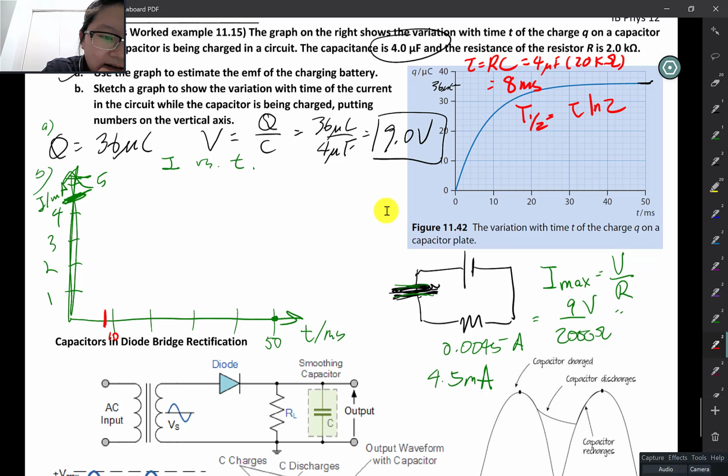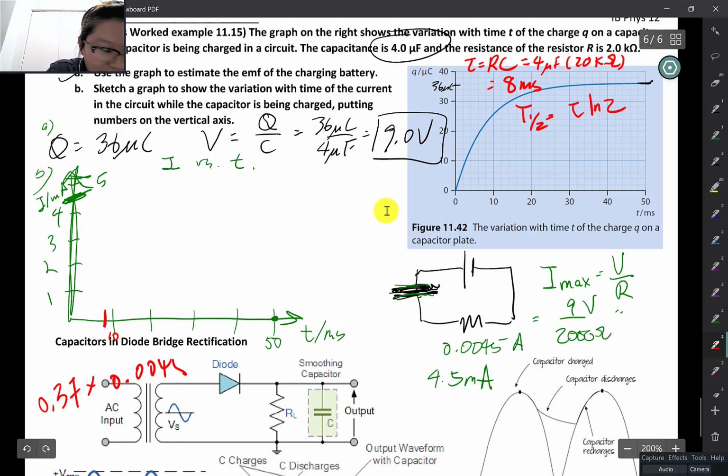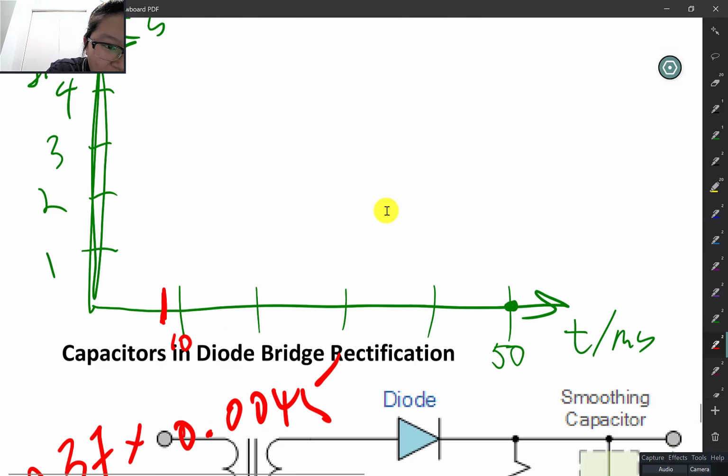So let's quickly do that: 37% of 4.5 milliamps. Doing this calculation, 0.37 times 4.5 is 1.665. 1.665 is going to be right about here. Okay, so that's 1 point on the graph. That's our time constant.